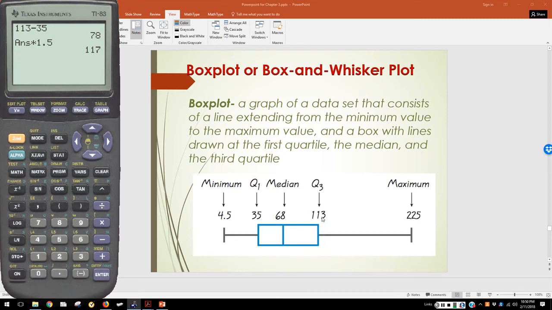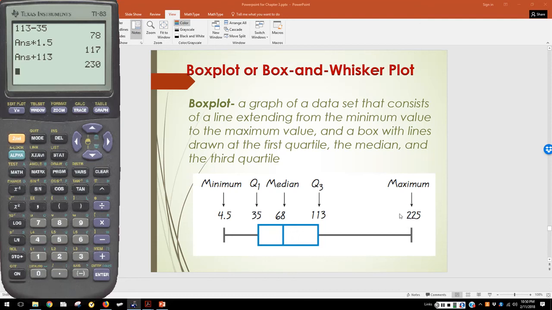So if I add 113 and I go up another 117, that's going to put me roughly about here. In fact, 117 plus 113 is 230. So 113 plus 1.5 interquartile ranges is 230.